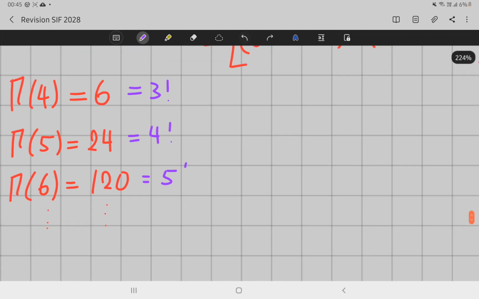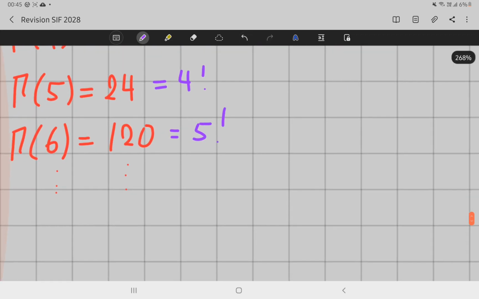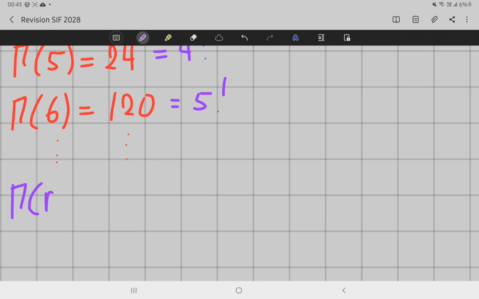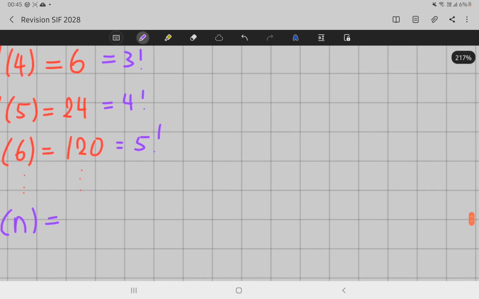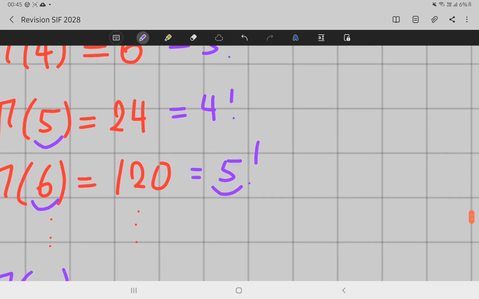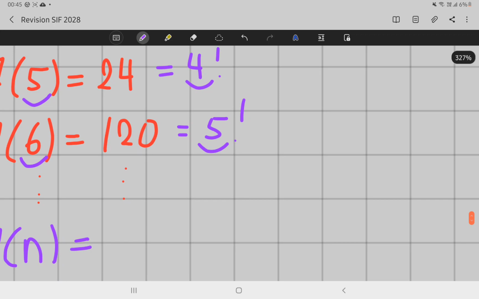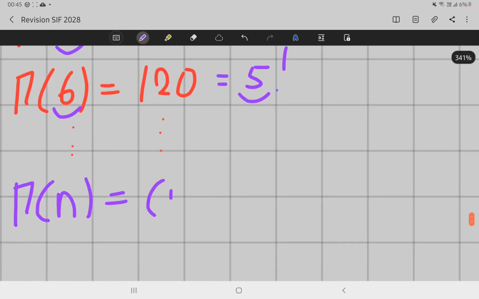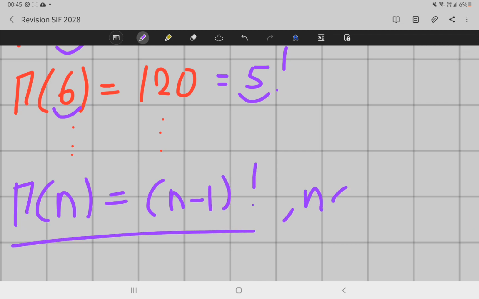With that being said, what is gamma of n in factorial form? It is decreasing by 1 in the factorial form. So gamma of n is basically n minus 1 factorial, where n is a positive integer.